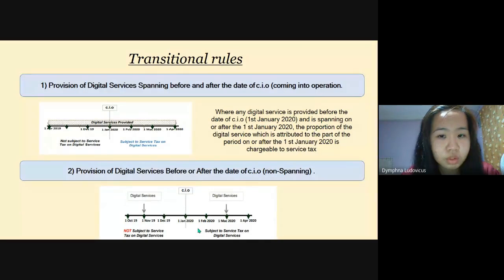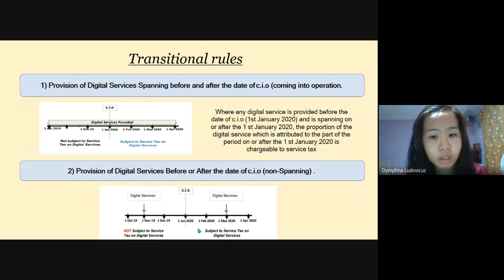So, service tax amendment on provision of digital service spanning before and after the date of coming into operation, which will be called CIO, and during the transitional period, is provided under Section 52 of the Service Tax Amendment Act 2019. The date of CIO is on the 1st of January 2020.